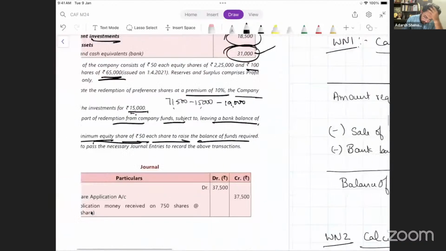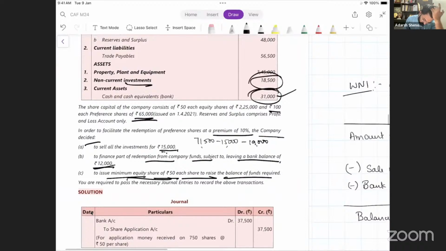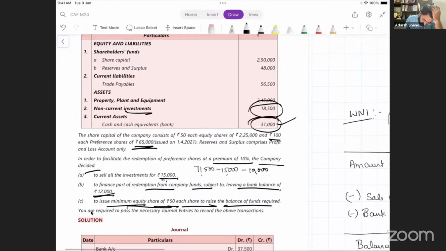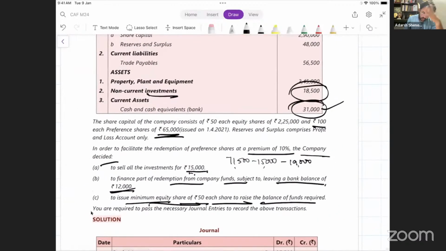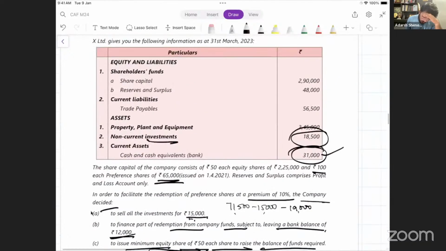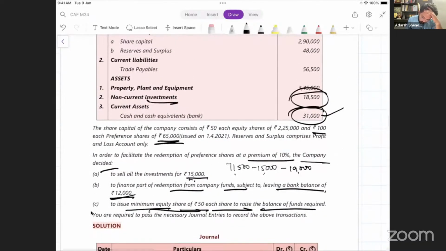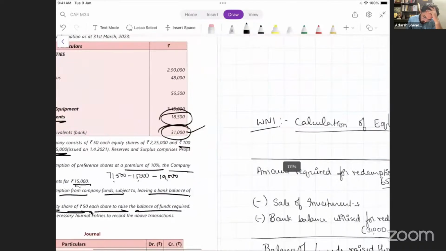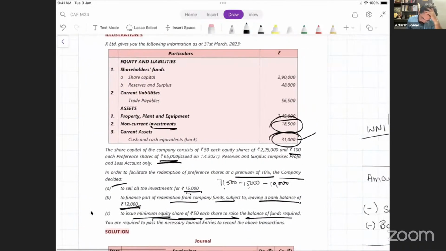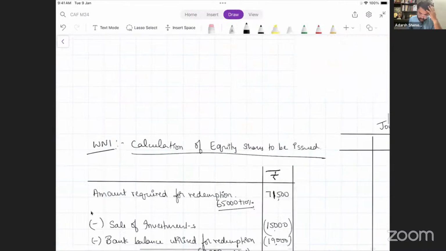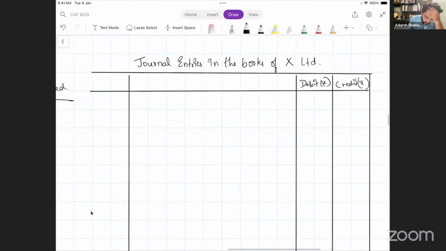Okay, first the due entry for redemption. What preference share capital is this? Not given. So I'll just write preference share capital account debit 65,000.